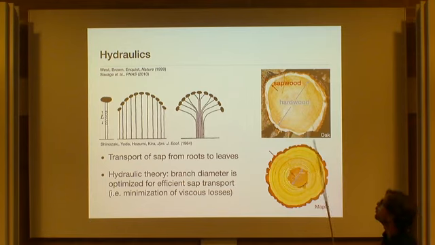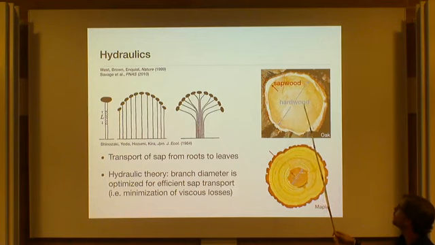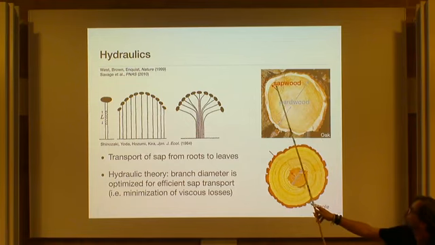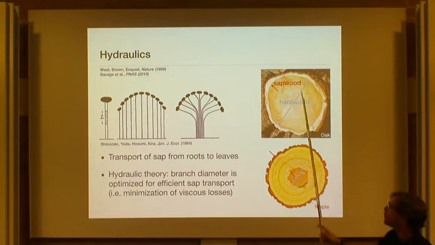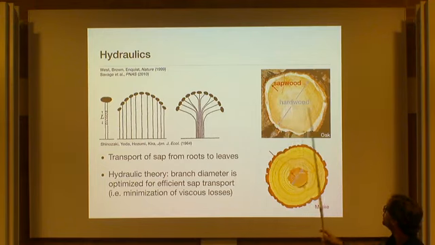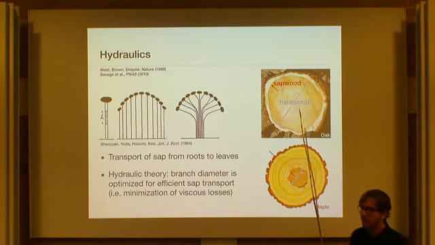But when you look at which part of a trunk or a big branch is devoted to transport, for instance, this is the trunk of an oak, only the sapwood, so the wood that is lighter here, is biologically alive and transports water. The hardwood that is inside is dead from a biological point of view and is only there for mechanical support.